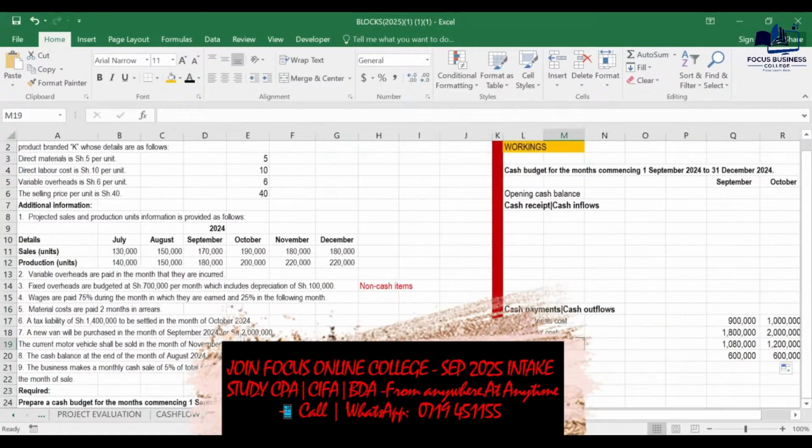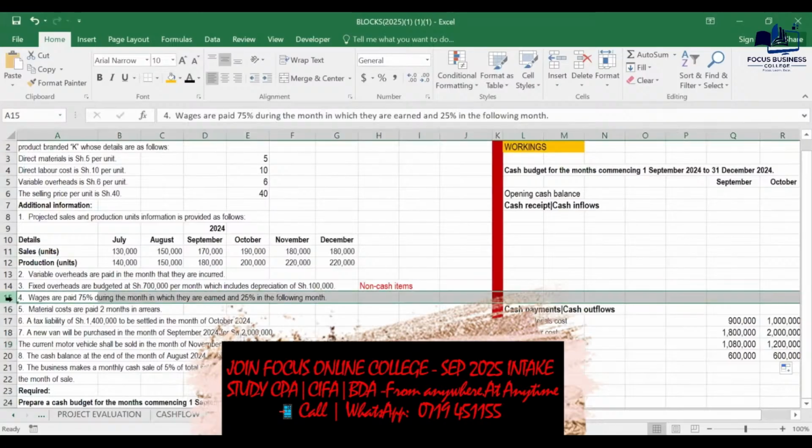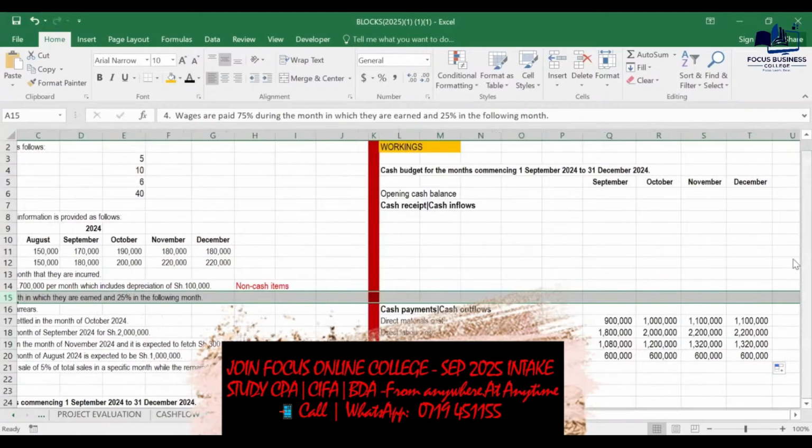Let's go to note number 4, because here we are told the wages are paid 75% during the month in which they are earned, and 25% in the following month. Yes, I think in this case we need to have some working in relation to the payment of wages.